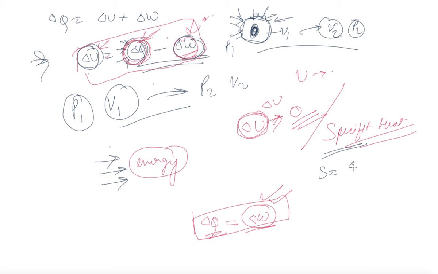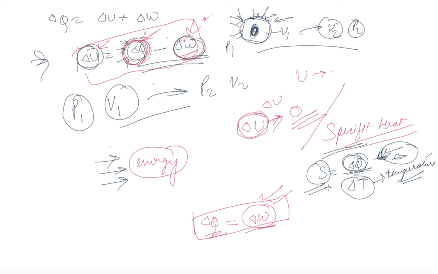Specific heat was the change in the amount of heat applied with respect to time t, sorry, it's not time, pardon me, with respect to temperature. The amount of energy that has been applied with respect to the change in temperature will give you your specific heat.